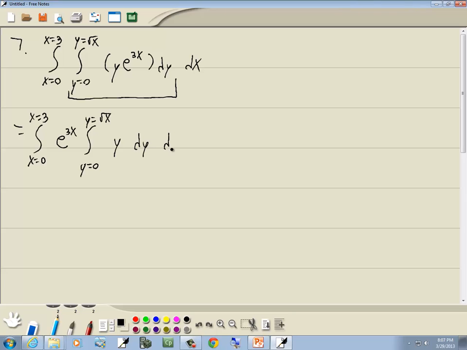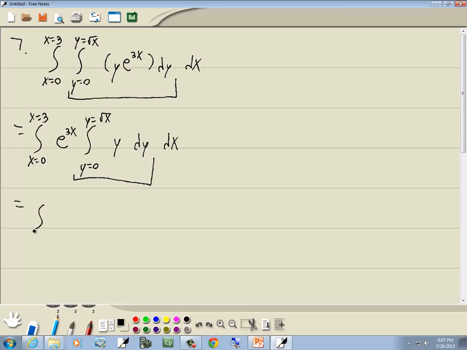And dy dx. So this is what we're working with. Now, this does come out nice. I was sitting there thinking, oh, this comes out hideous, but no, it comes out nice.